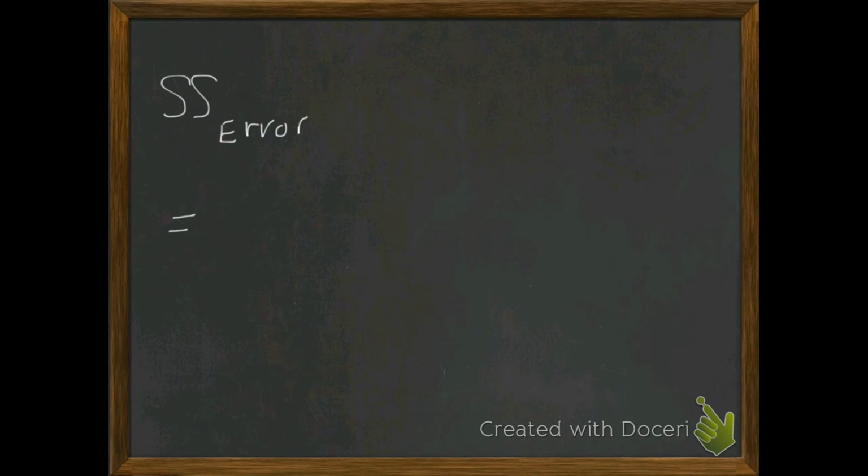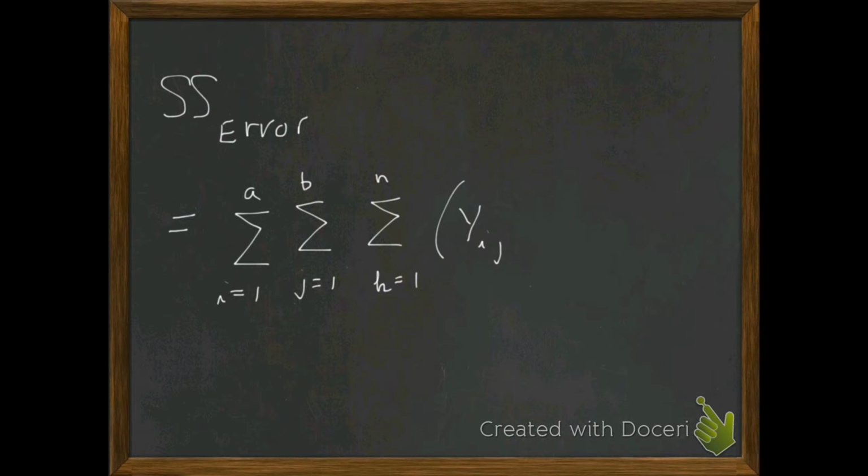And the sum of squares for the error is just this.